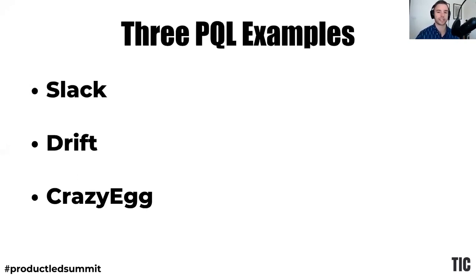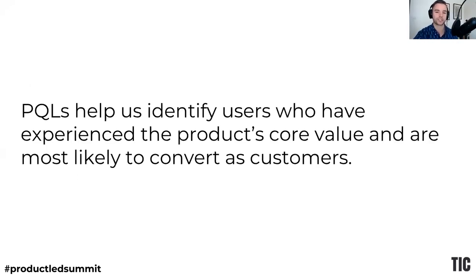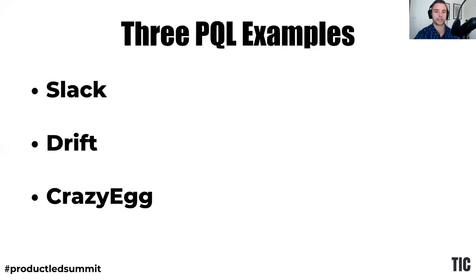In these experiences, what we're really looking for when it comes to the PQL definition is where those moments in our product are where people have experienced that core value. Because everything we're doing in onboarding track 3 is really just trying to get more product qualified leads.